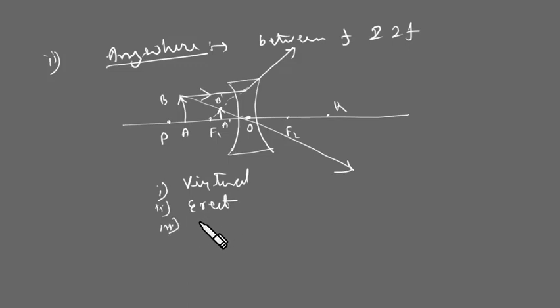Third, it is diminished. Fourth, it is on the same side of the lens as the object.